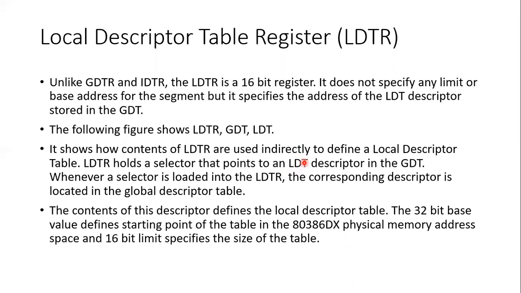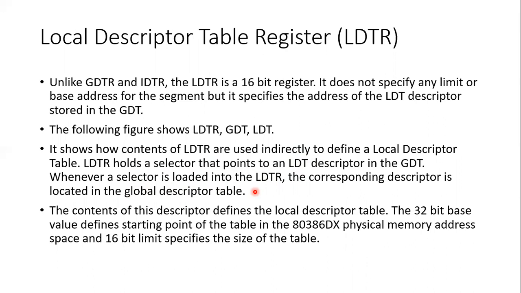Then whenever a selector is loaded into the local register, the corresponding descriptor is located in the global descriptor table. See how beautifully they have related. Whenever there is a selector and that selector is loaded into your register, then automatically what will happen?